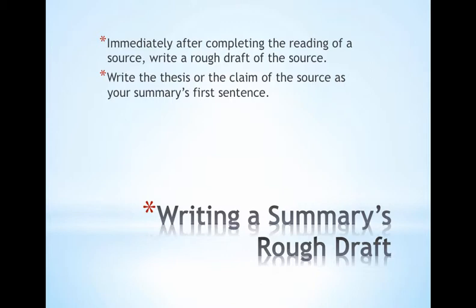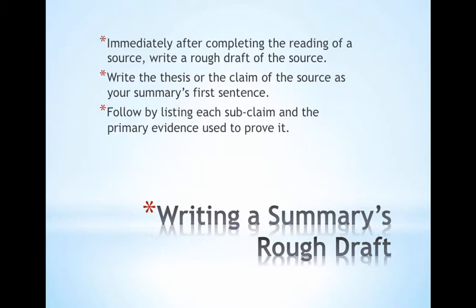A lot of times, and that can depend on the discipline too, in my discipline, that almost never happens. Instead, I find that I have to write the thesis or claim in my own words after I have read the article carefully and sort of surmised what the author's main point is. You want to then follow by listing each subclaim and the primary evidence used to prove it.